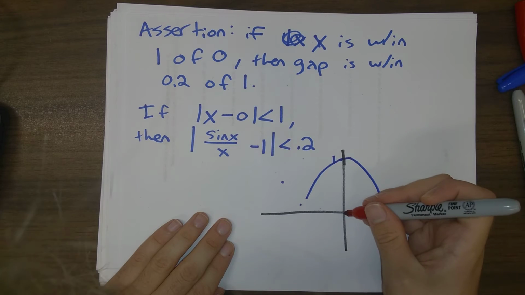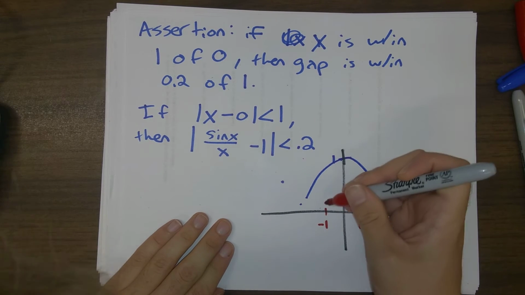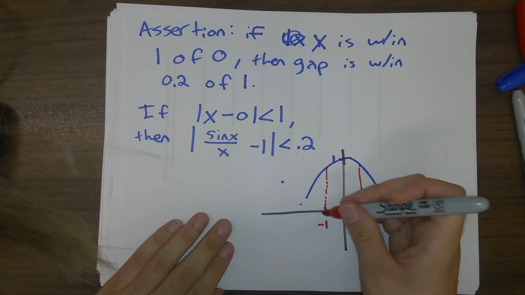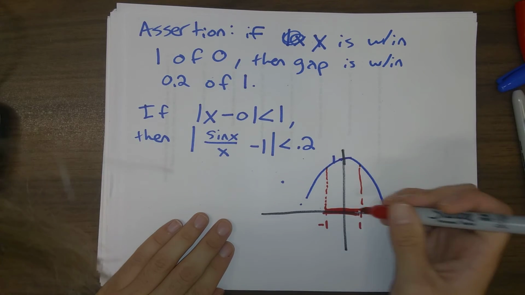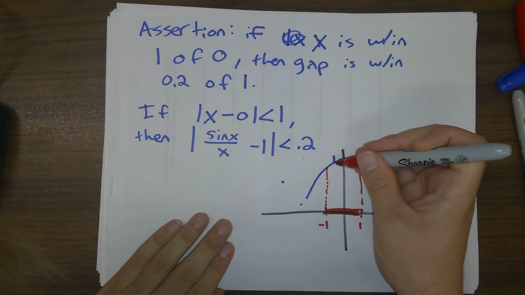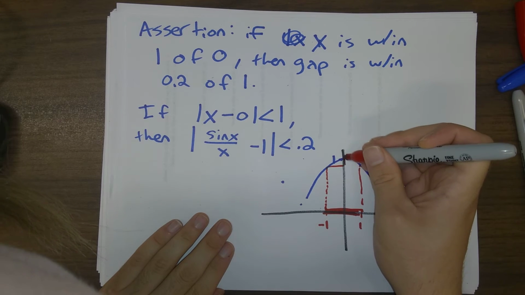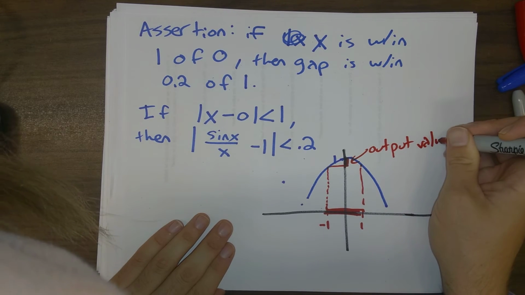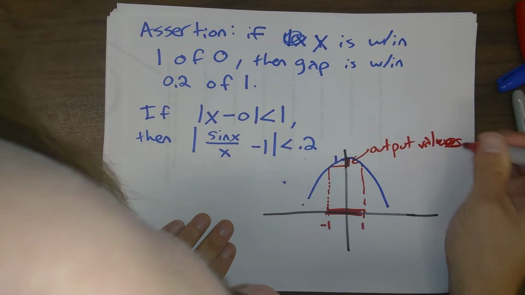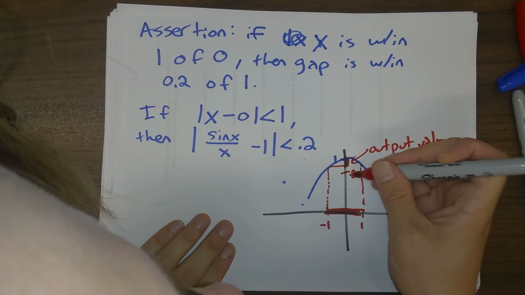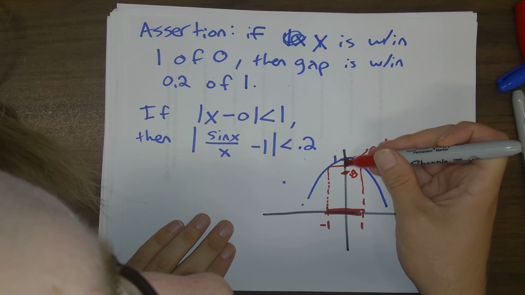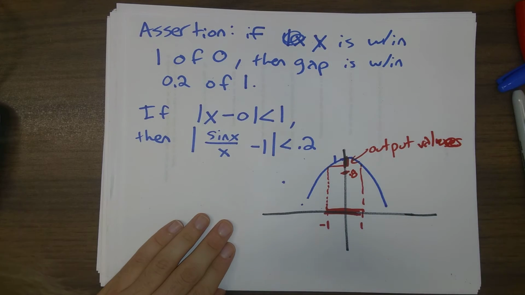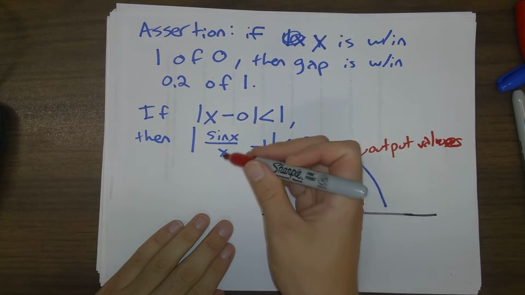And so the assertion is, if here is 1 and here is minus 1, so the allowable x values, the values between 1 and minus 1, every output value, these are the output values, like 0.8 is right there. So all of the output values are at least 0.8. So all of the output values, if x is between minus 1 and 1, are within 0.2 of our limit.